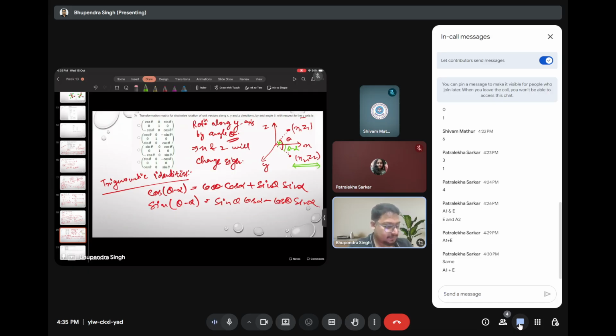Now it is pretty much simple. So how to write x1? Let's say the length of the vector is L. X1 will be L cos alpha, and z1 will be L sin alpha.